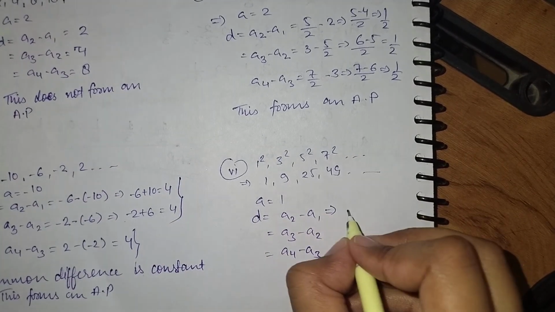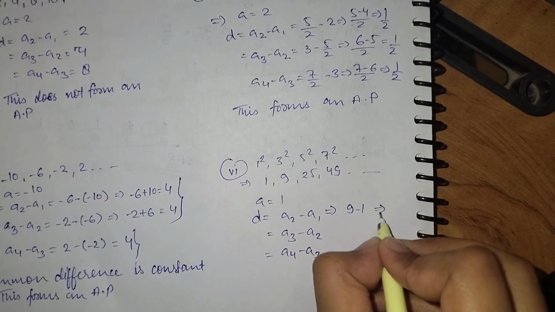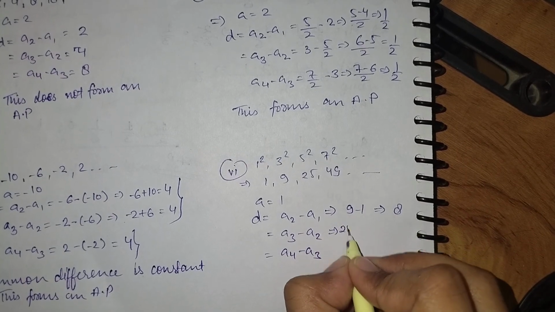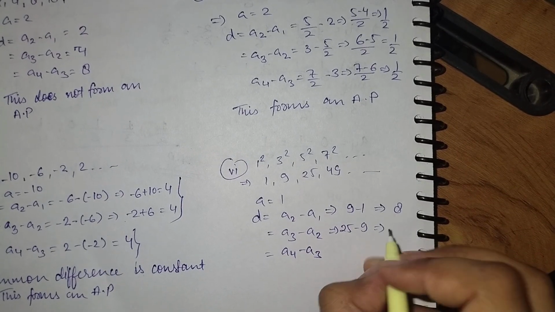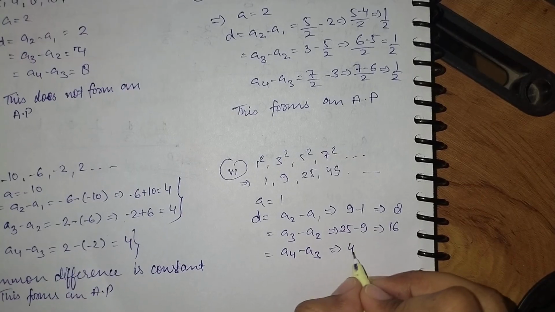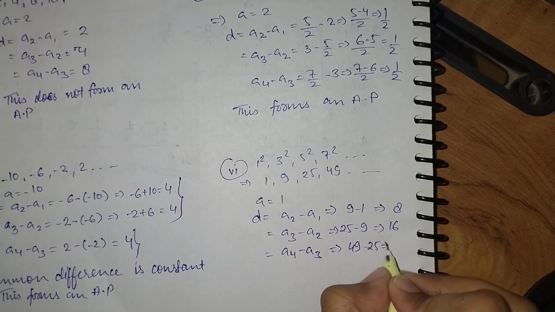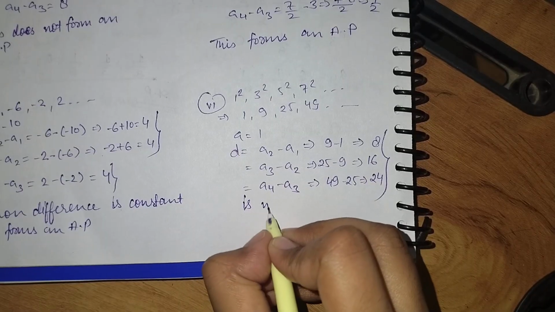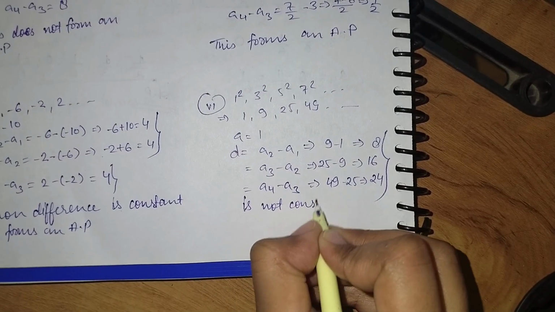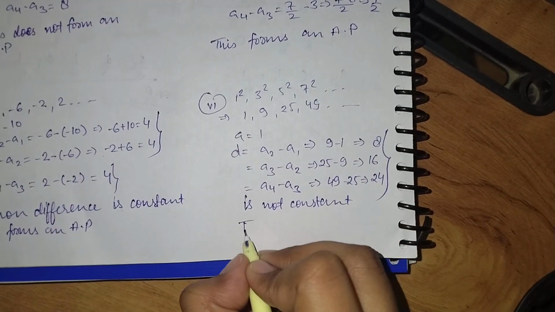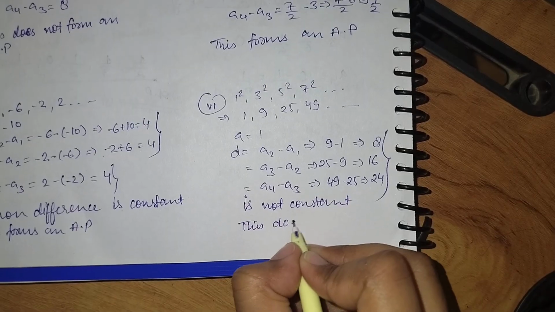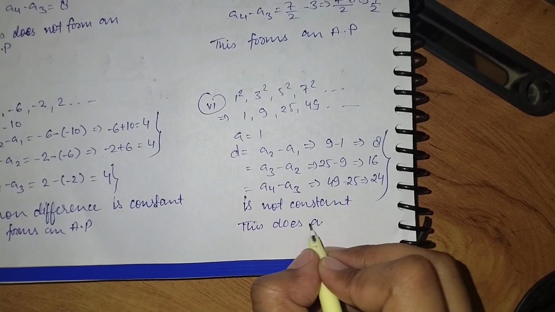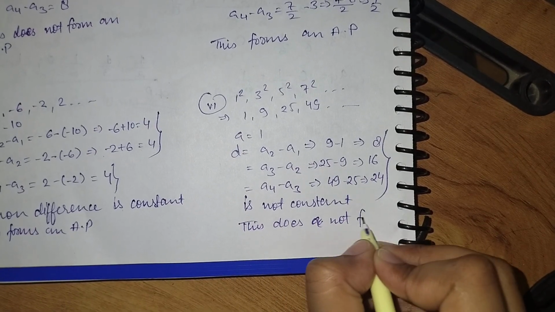So here A2 minus A1 will become 9 minus 1 equal to 8, 25 minus 9 equal to 16 and 49 minus 25 equal to 24. As this common difference is not constant or fixed quantity, hence we can write this does not form an AP.